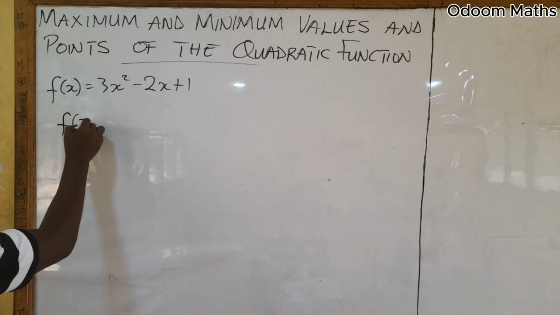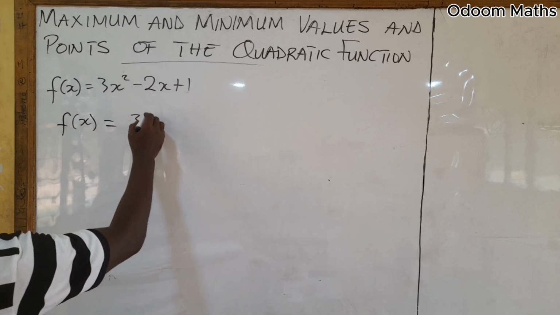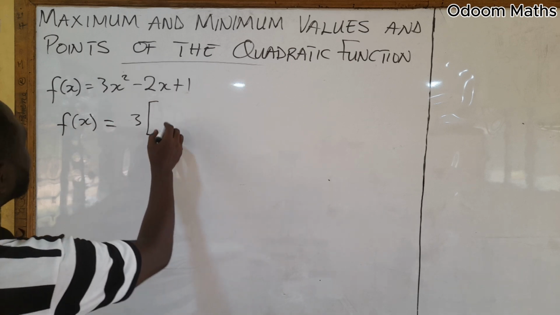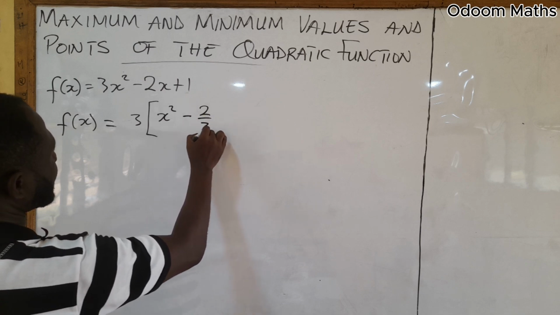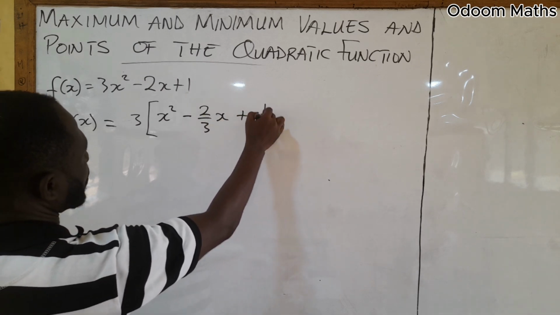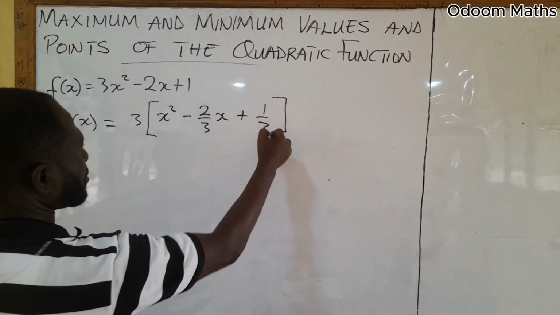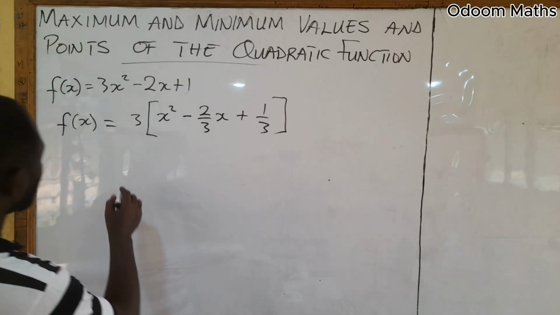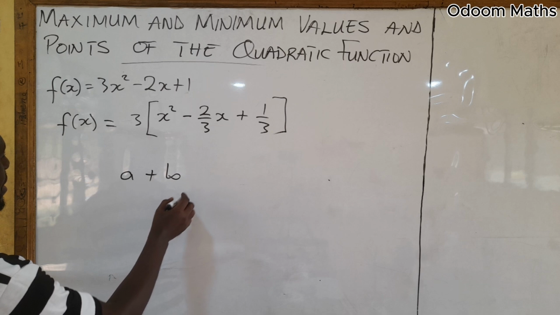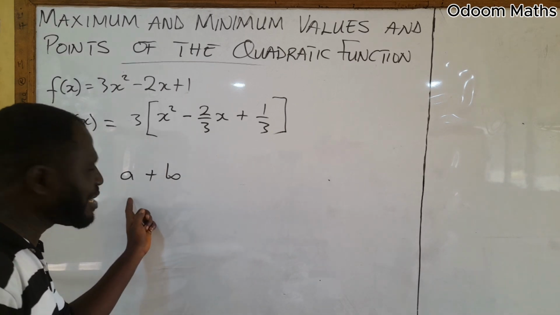So f of x is equal to 3 into brackets x squared minus 2 over 3x plus 1 over 3. Now this is correct in the sense that when you have a plus b, we can factorize either a or b.